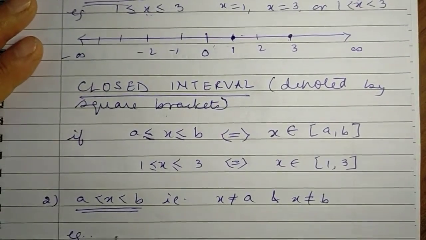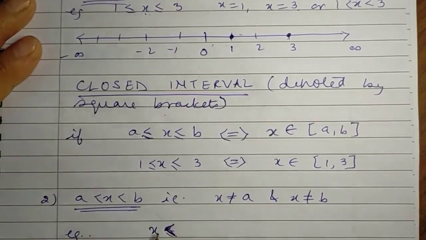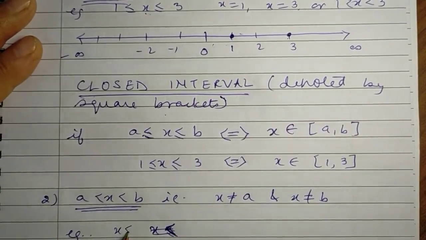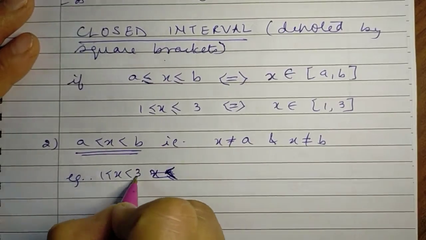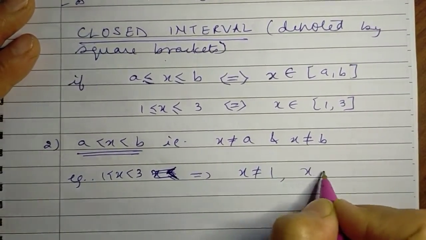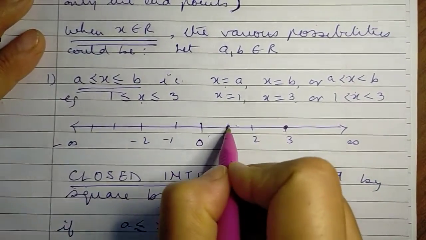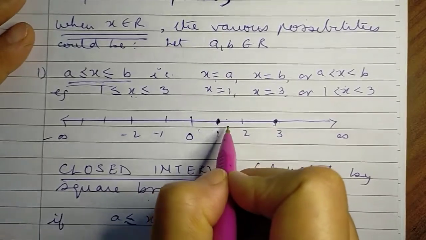For example, if x lies between 1 and 3, it implies that x is not equal to 1, x is not equal to 3. Now, x can be very close to 1.